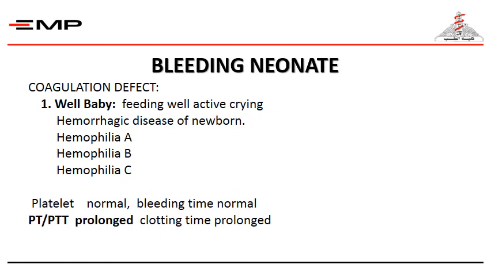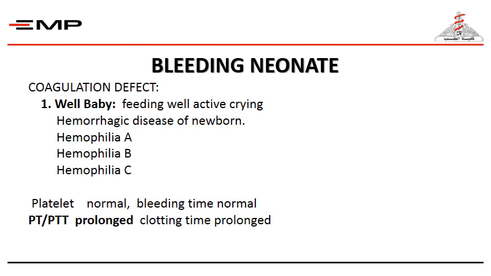Discussing neonates with bleeding, as we said in the previous slide, we might have a problem in the coagulation or a problem in platelets. If it is a problem in coagulation, we have to check how the baby looks. We call it a well baby, and a well baby is a baby who is active, crying, and feeding well.